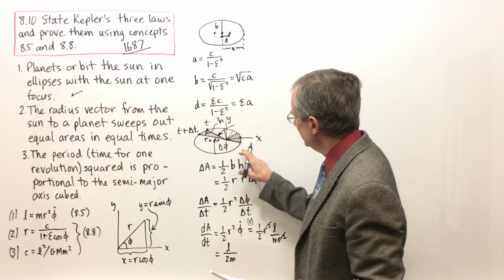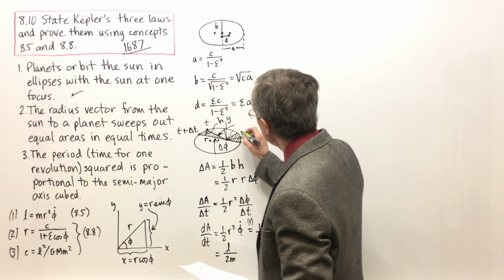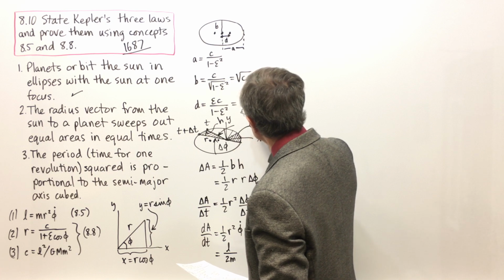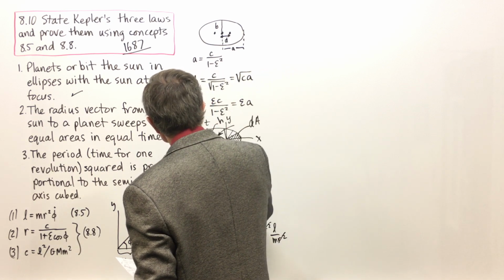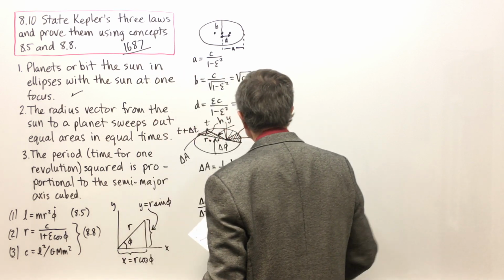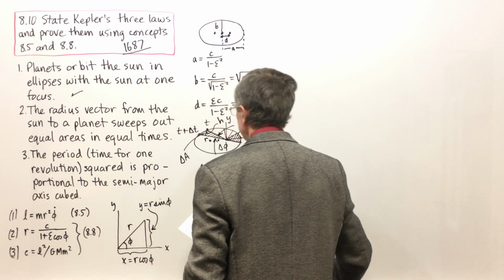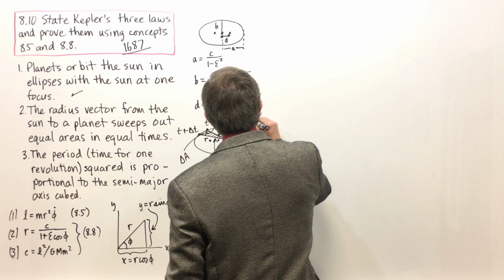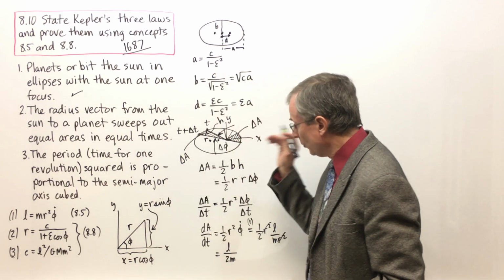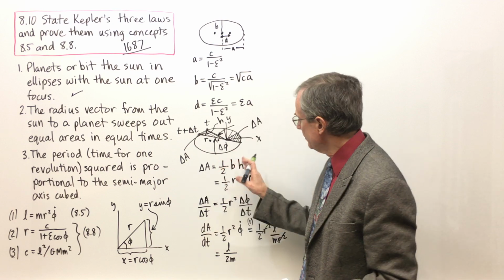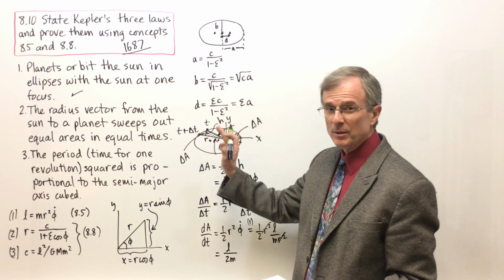It says that in order for you to get the same amount of area here as here, let me just use the same notation, delta A and delta A, you have to be moving faster here.